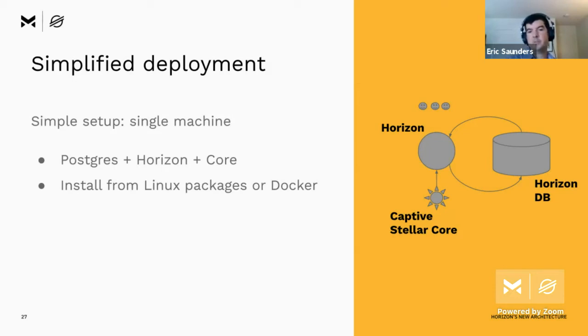Let's say you're a small operator and you just want to get going and you have one machine. You set up that single machine, you install Ubuntu on it, or maybe you just have an Ubuntu virtual machine. Then you install from packages, Postgres, Horizon, and Stellar Core. And you're done. The whole thing runs on one machine. If you don't want to use Linux packages, you can also do this through Docker. As you can see from the diagram, in this model, we have a captive Stellar Core.